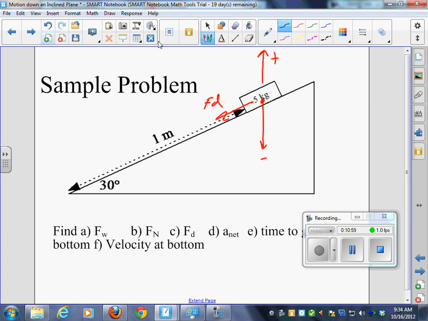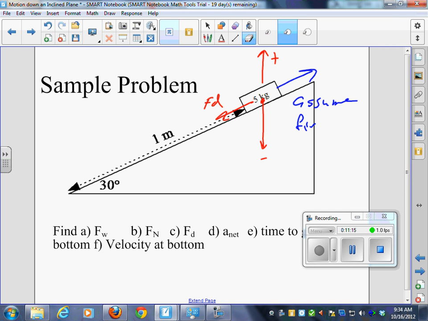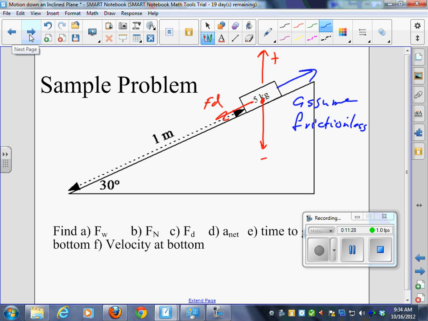Now, is there any other force acting opposite to FD? There would be, but there's no mention of friction here, and so you have to assume that it is frictionless. There's no mention of friction whatsoever in the question. Okay?